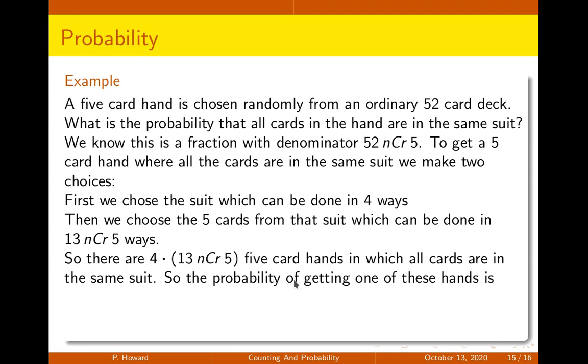And therefore the probability of getting one of these hands with all 5 cards in the same suit is the number of hands with all 5 cards in the same suit divided by the total possible number of 5-card hands. 0.0019807923.